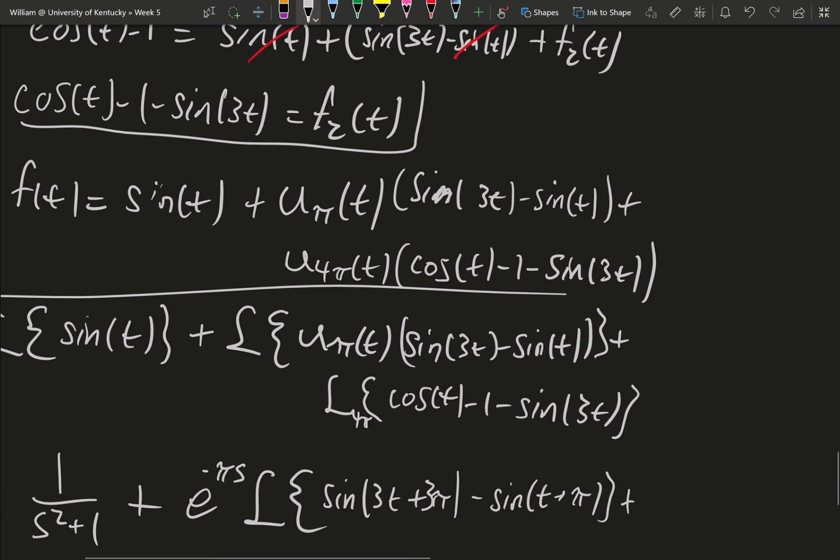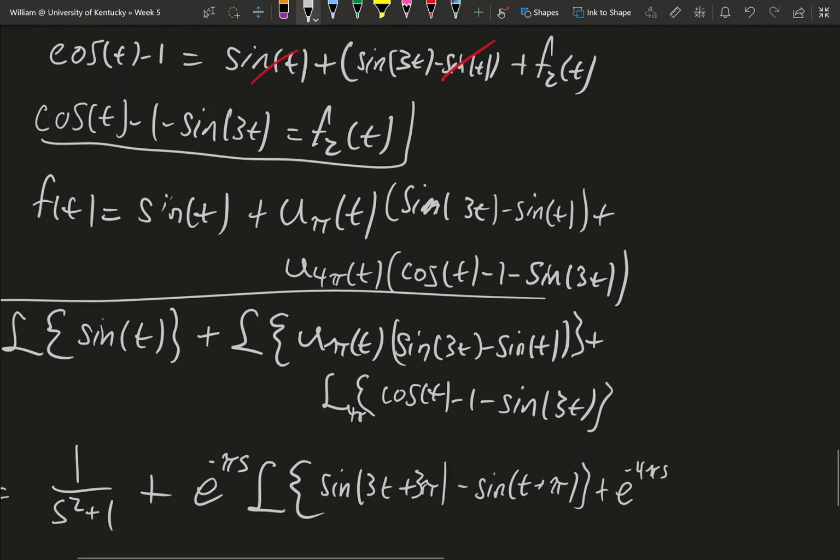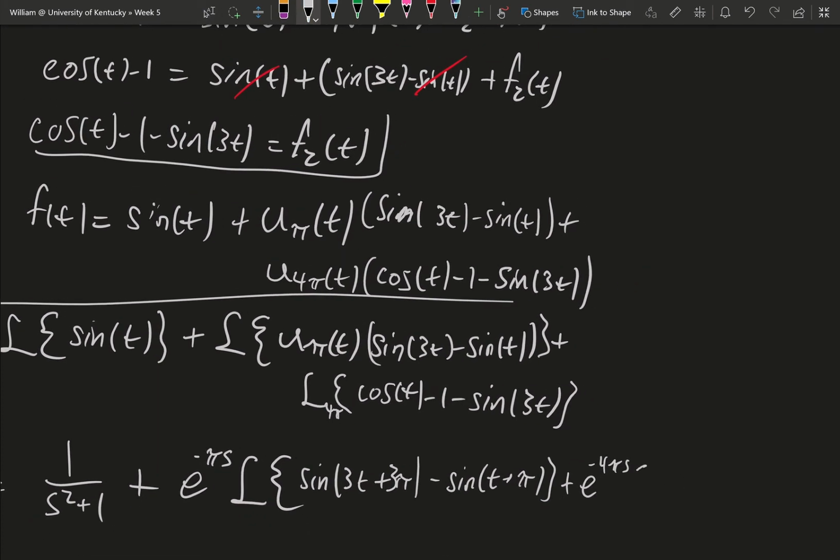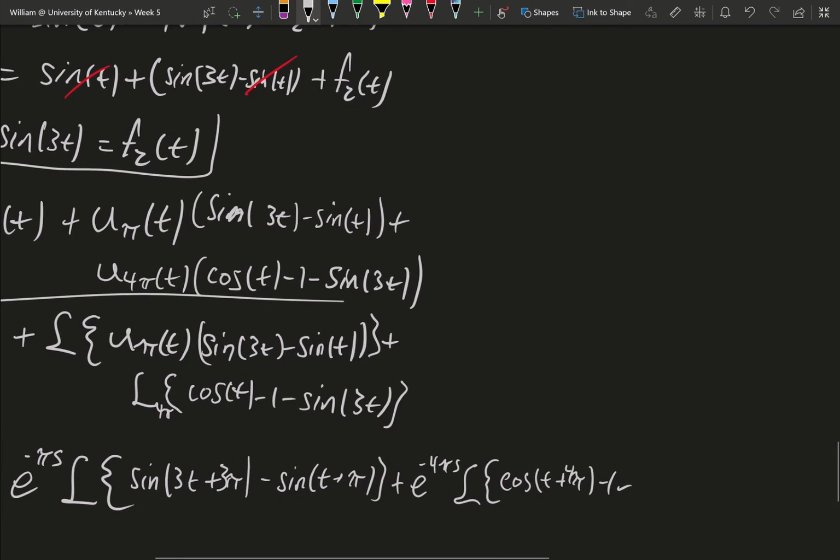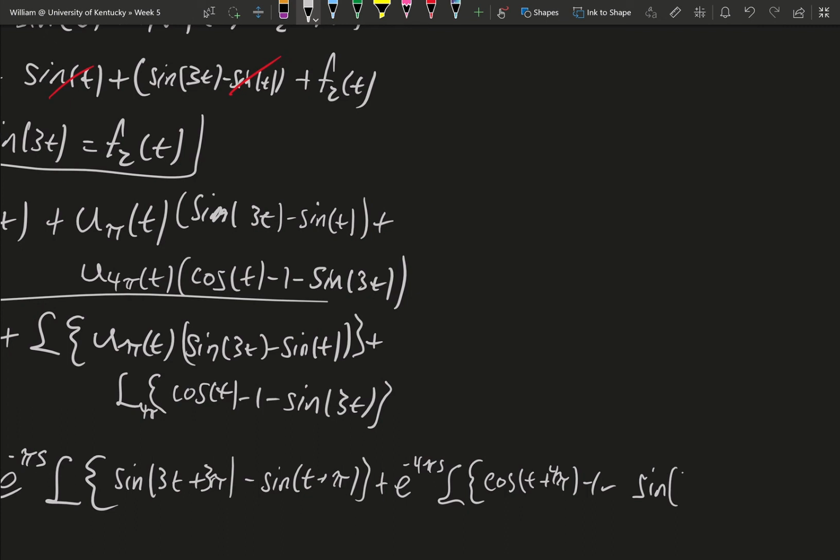And then finally plus e to the negative 4 pi s times the Laplace transform of cosine of t plus 4 pi minus 1 minus sine of 3t plus 12 pi.